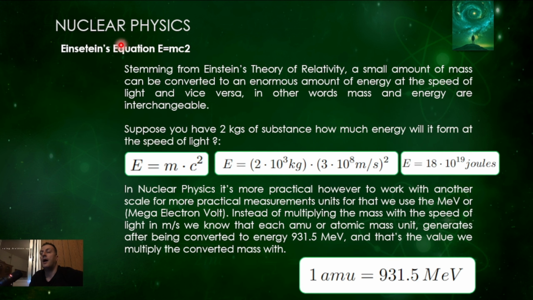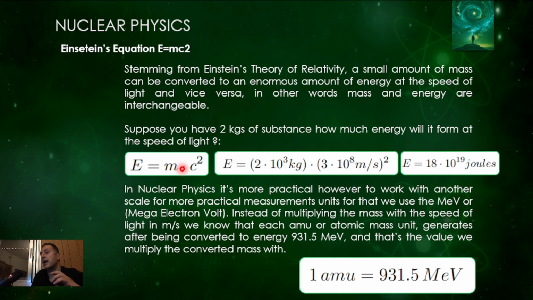All right, Einstein's equation, E equals mc squared. Stemming from Einstein's theory of relativity, a small amount of mass can be converted to an enormous amount of energy at the speed of light, and vice versa. In other words, mass and energy are interchangeable. So suppose you have 2 kilograms of substance, how much energy will it form at the speed of light?